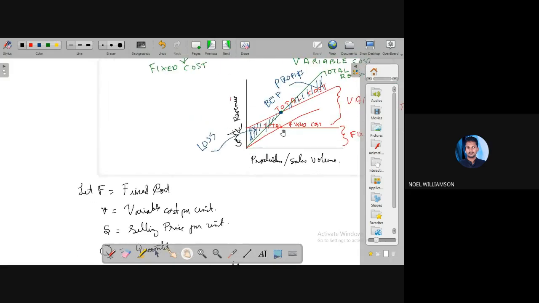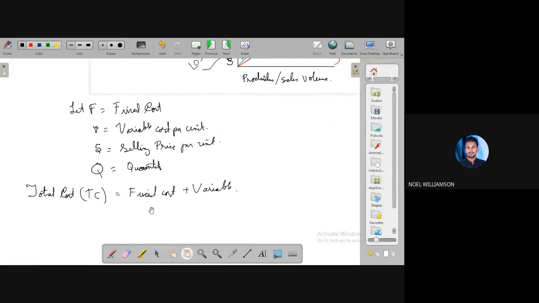We can see here, this was the variable cost, and this was the fixed cost, and the total cost is the sum of these two, that is over here. This is the total cost. Now we can write it in terms of F, v and s. That is, the total cost is the fixed cost plus variable cost. Variable cost is v into the number of units, that is Q. That is, F plus v into Q.